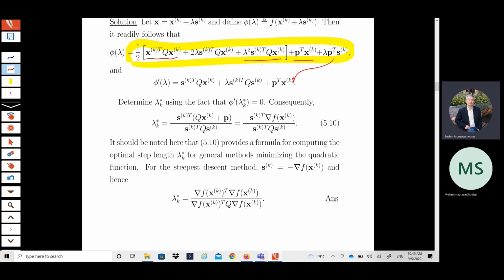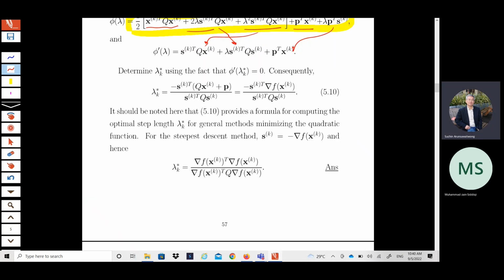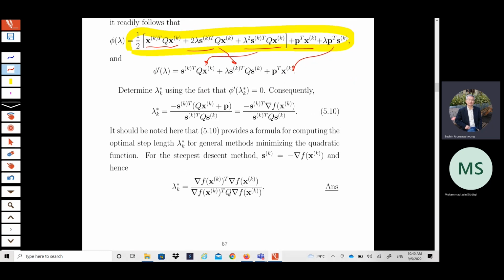Then we have this. So we have these 3 terms left. Then we set this equal to 0, and from that we solve the linear equation. We have only one variable.